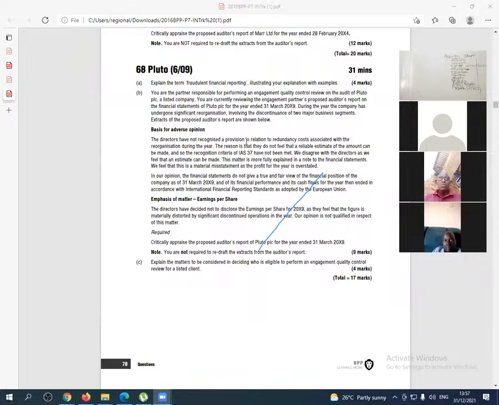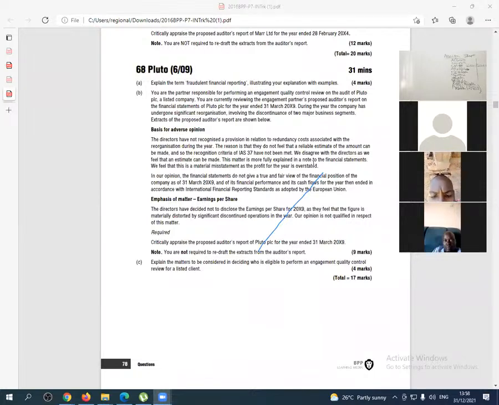That's number one. Number two, they are pretending to mention some information, some paragraph in the financial statements. Here, there is a place they have told us, this matter is more fully explained in a note. Which note? You must be very specific.